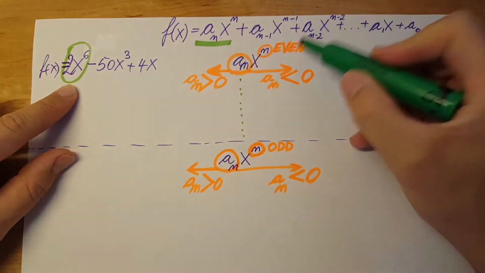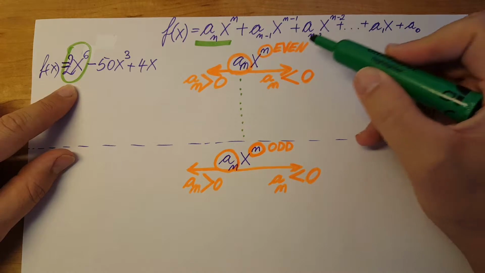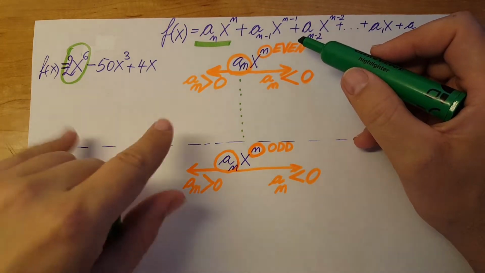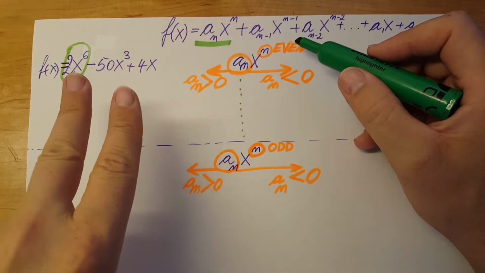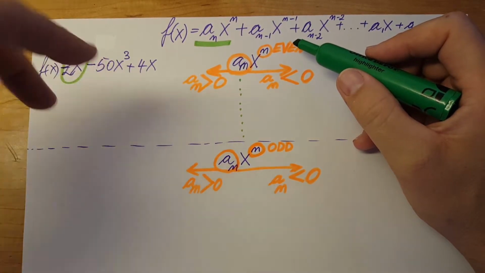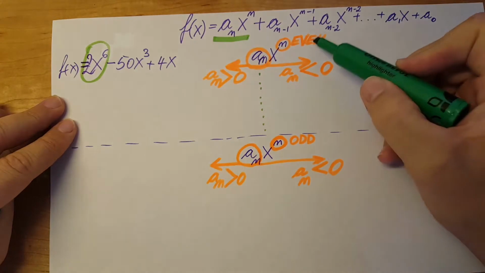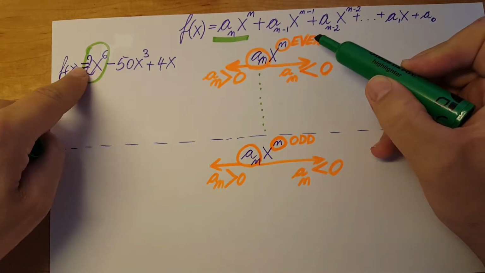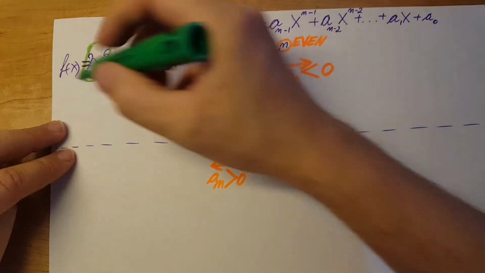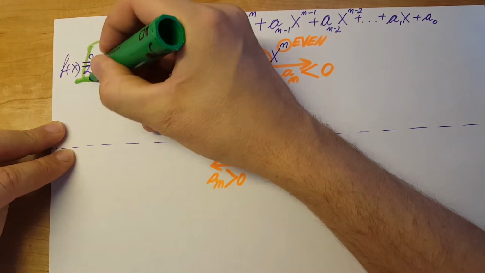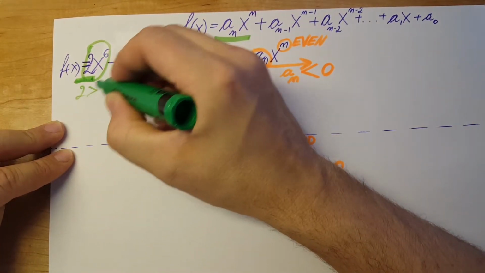Our exponent is even, so the beginning and the end of the function will face the same way, either up or down. We have an even exponent, and our a_n is bigger than 0. 2 is bigger than 0.